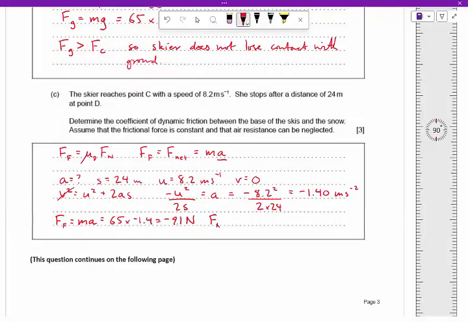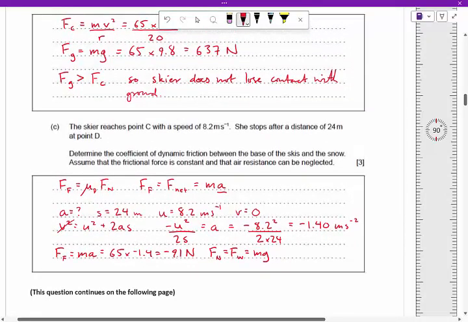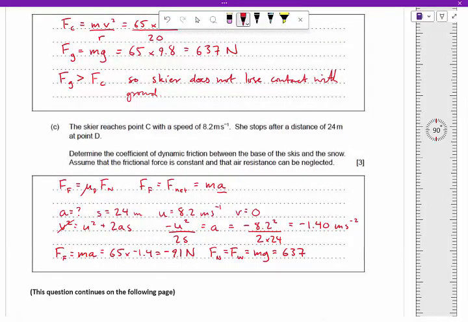F normal must be equal to her weight, because she's on flat ground, which is mg, which we've already worked out. Have we? 65 times 9.8, we worked it out up here, 637. And so mu d must be 91 over 637.